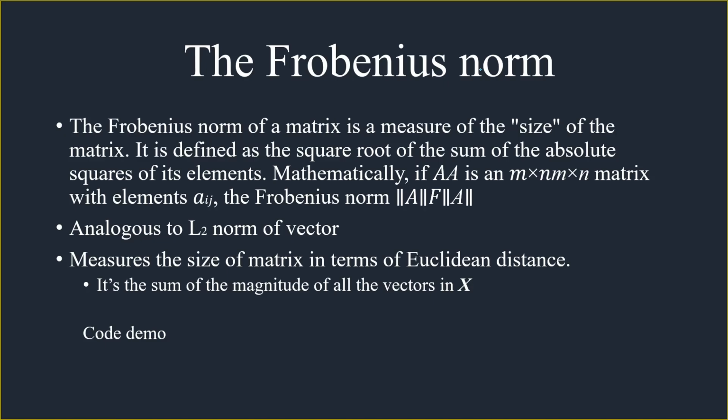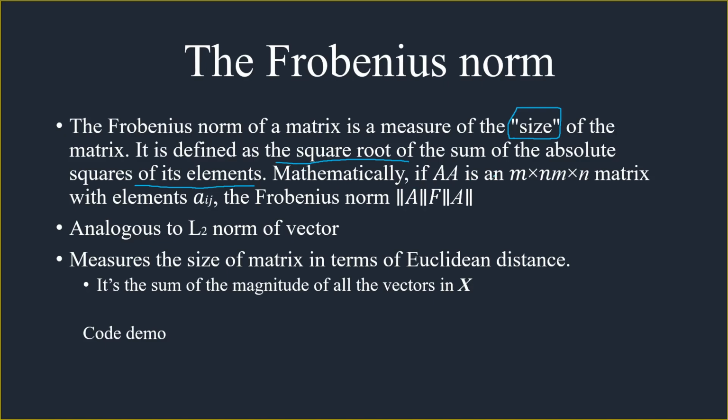So what is the Frobenius norm? The Frobenius norm of a matrix is a measure of the size of the matrix. It is defined as the square root of the sum of the absolute squares of its elements.